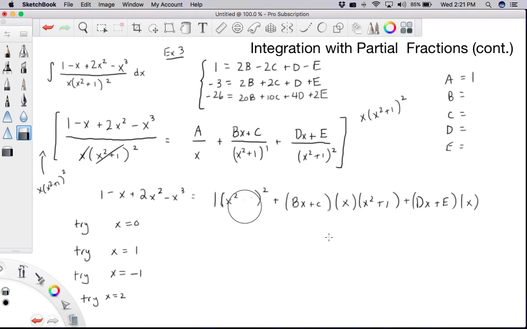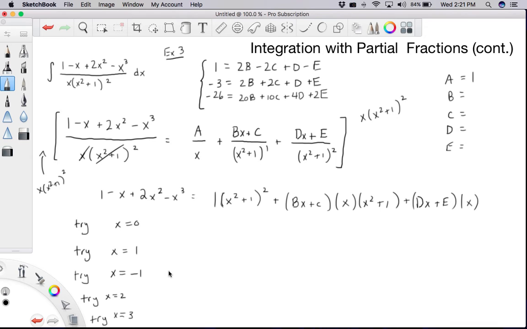Okay, and for the last value, since we want 4 equations up here because we have 4 unknown quantities, I think I'm just going to try x equals 3. I was thinking about trying x equals negative 2, but I just didn't like dealing with all the negatives. So I'm just going to try 3, and we'll just deal with the larger numbers.